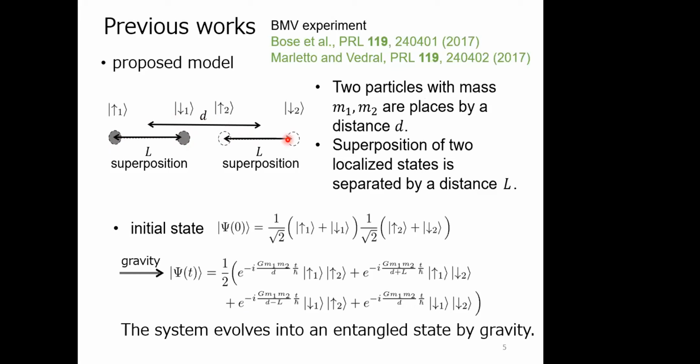The initial state is given in this formula as a product of the superposition states. And then the two particles interact by gravity depending on the distance.